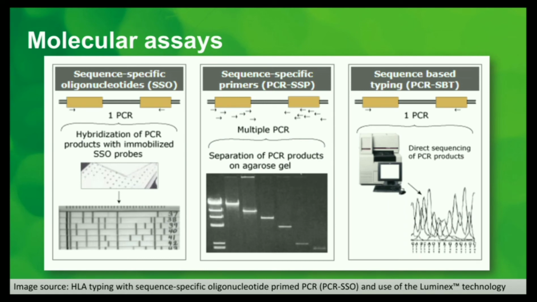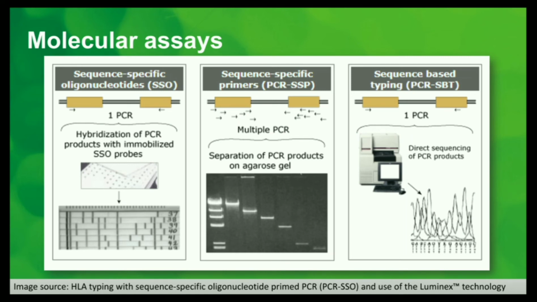Molecular polymerase chain reaction based HLA typing techniques allow the determination of DNA sequence variations either by hybridization with a sequence specific oligonucleotide probe, which is PCR-SSO, or by the combination of sequence specific primers, or by the direct sequencing of a PCR product.